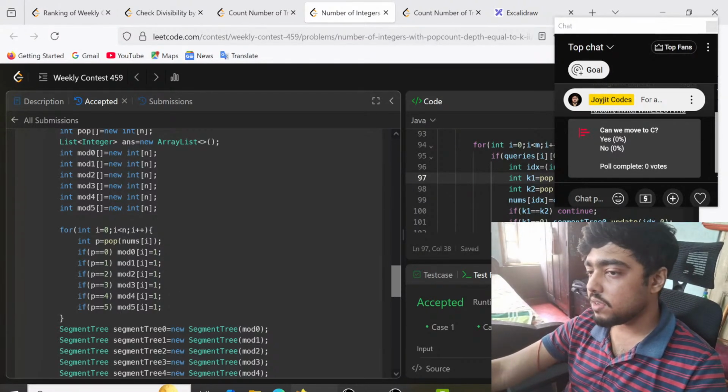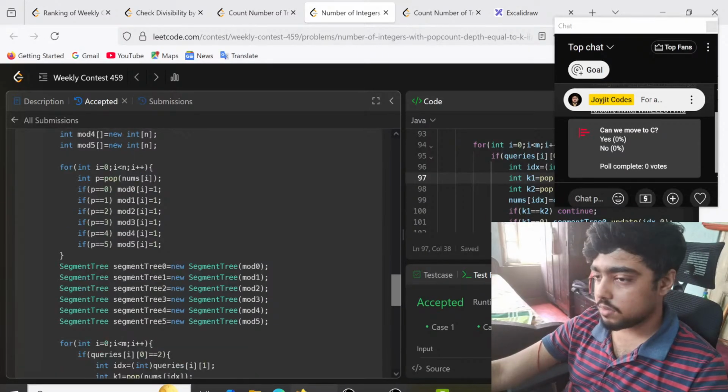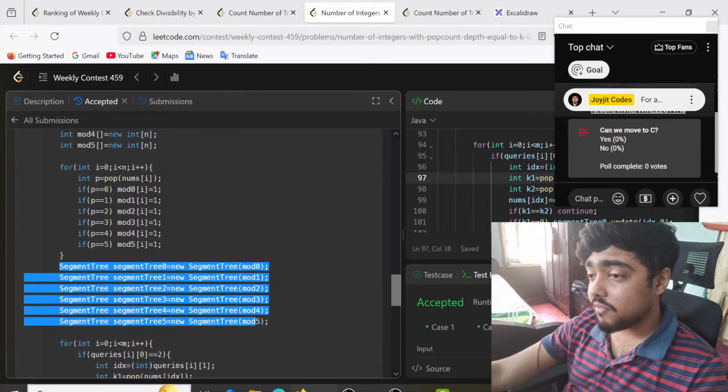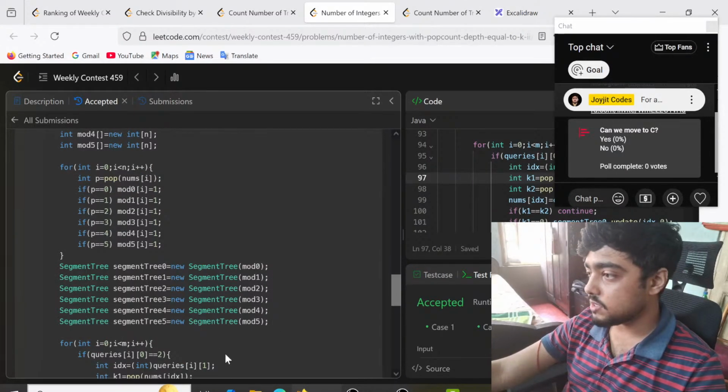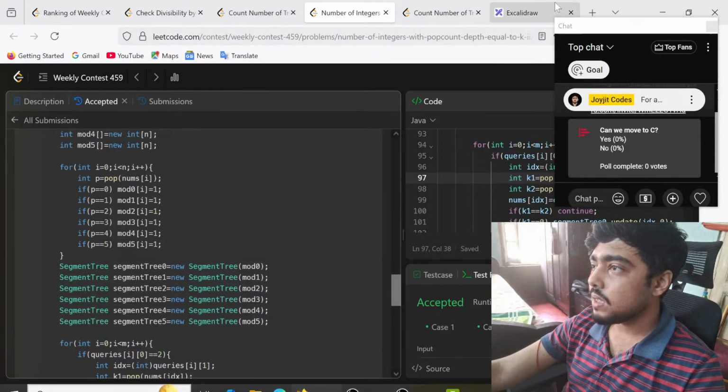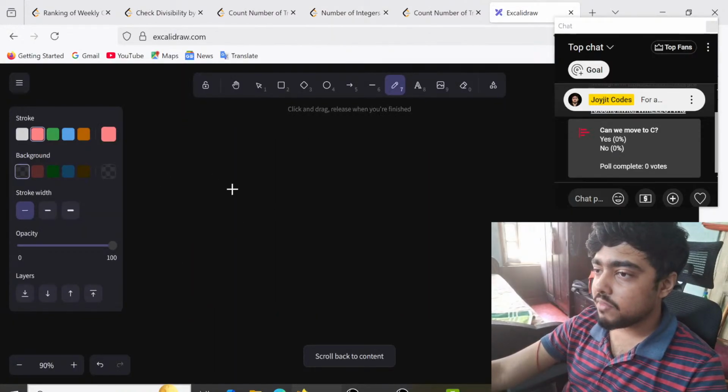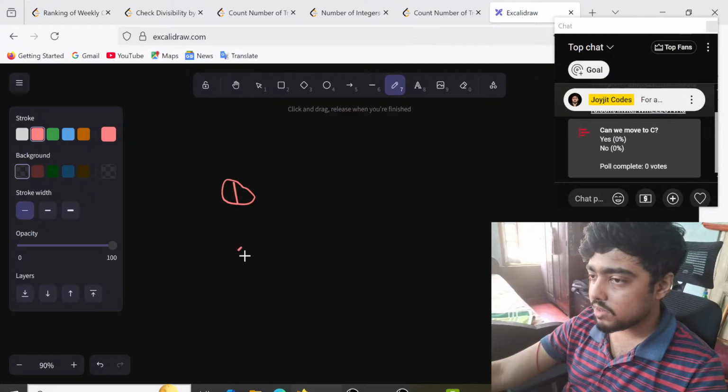Modified 2 will have 1 in that position, and so on. So I'm having a total of 5 segment trees. Because if I am updating a specific number which had a pop count of 1, and now I'm updating it with a number which has a pop count of 2.